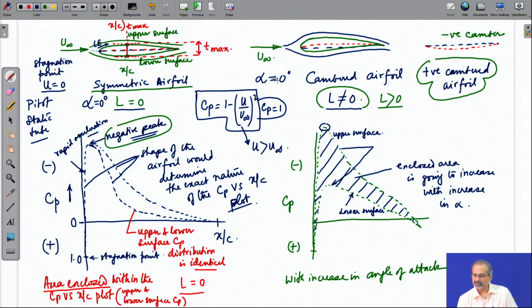However, the only difference is that even at alpha equal to 0, you do see a gap between the two plots for the cambered airfoil because of the asymmetry about the chord line, which you do not see in the case of a symmetric airfoil.